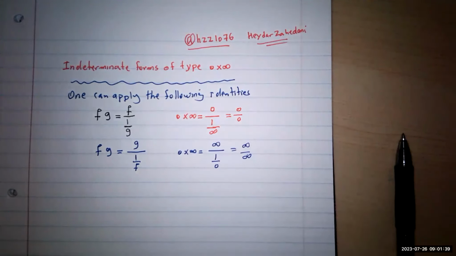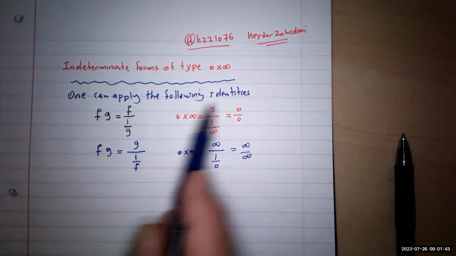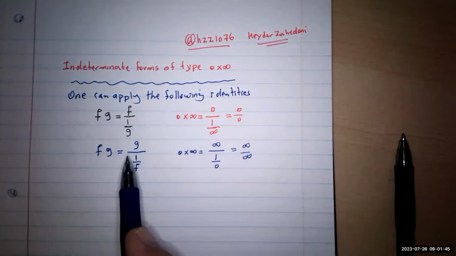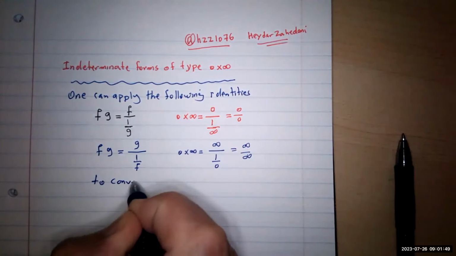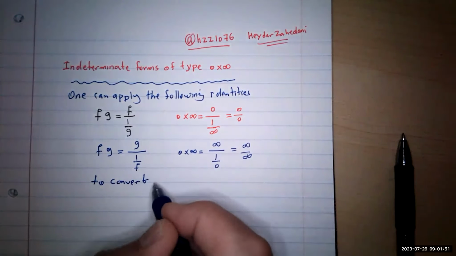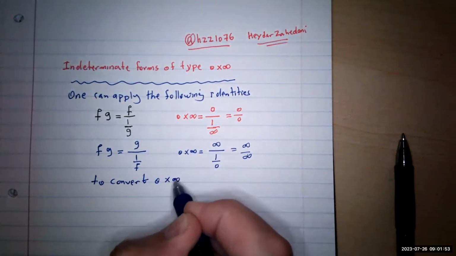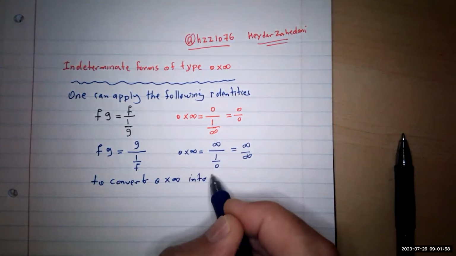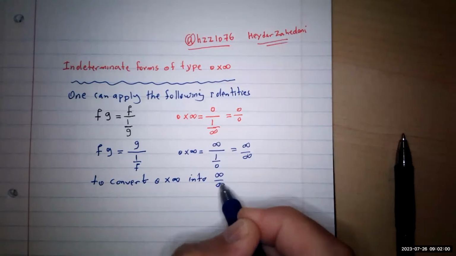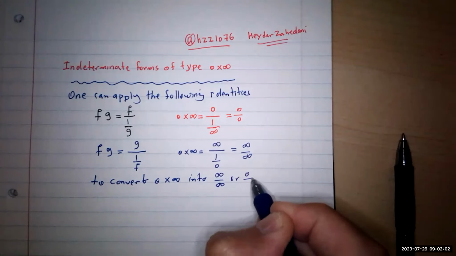You have to check to see which one is going to be easier for you, but you are ready for it. So one can apply the following identities to convert, as I did, 0 times infinity into infinity over infinity or 0 over 0.